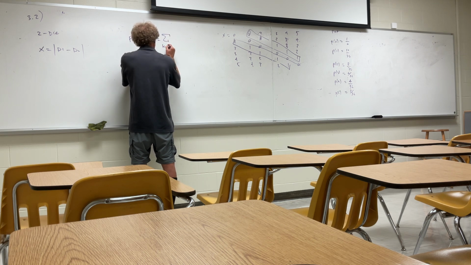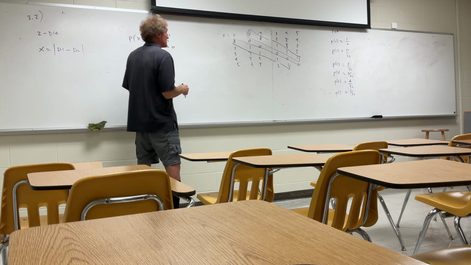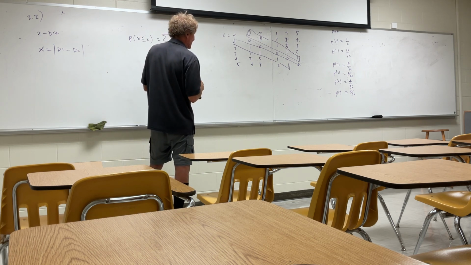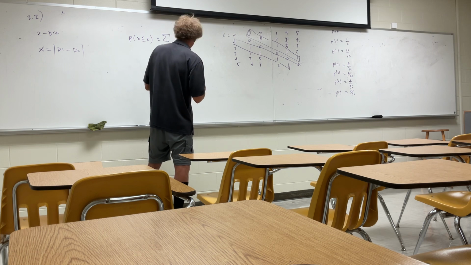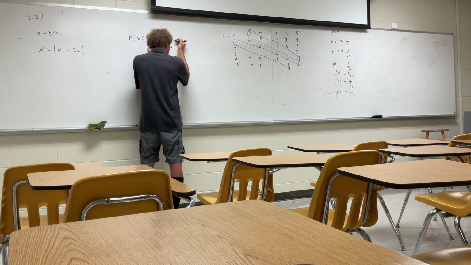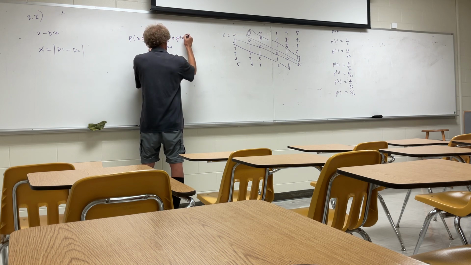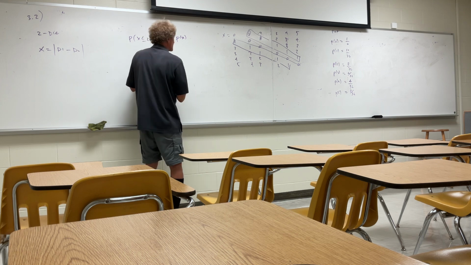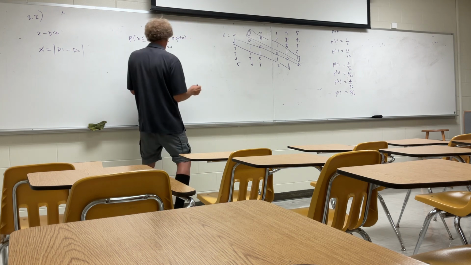I'm going to use X here, and my values are going to be 0, 1, 2. The form of this is going to be the value X times the probability, so X times the probability mass function of X. For this one, I start with 0 times 1/6.